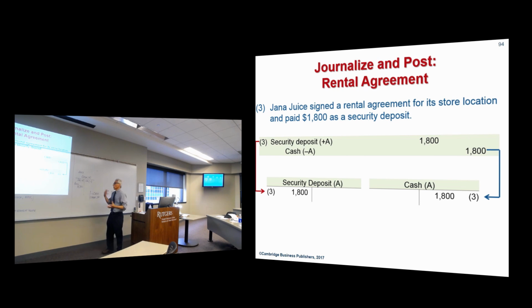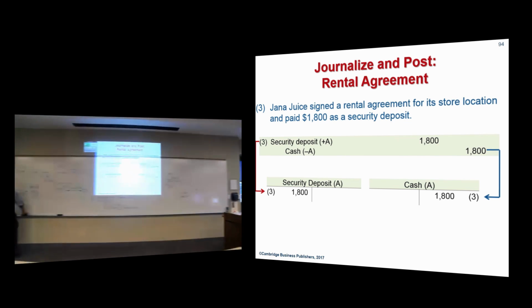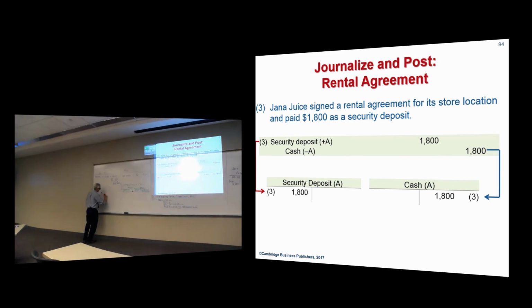And again, the first thing you would do, if you're not sure, is go to the equation again. So if you want to make sure of the effects, we know that the equation is going to balance.